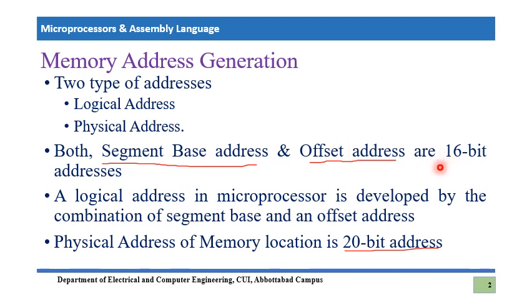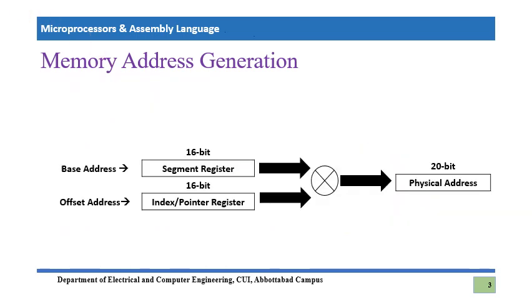Both are only 16-bit addresses, and the microprocessor combines those two 16-bit addresses into one address, which is known as the logical address. That logical address can easily be converted into a physical address, and we are going to see how that translation happens from logical address to physical address.